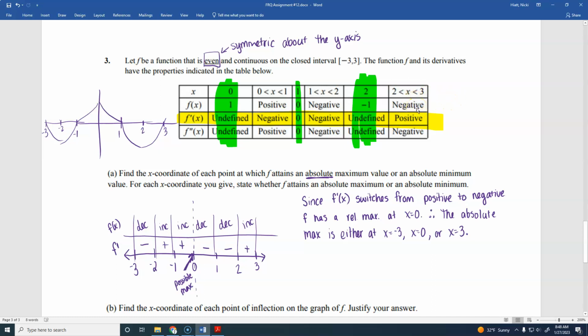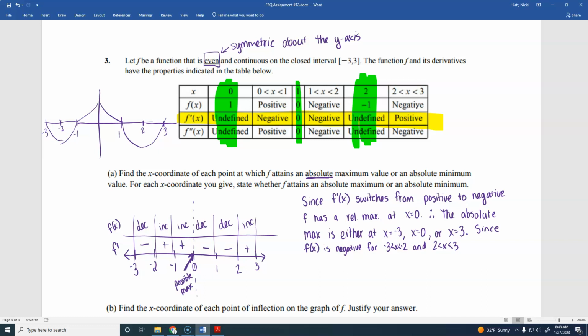So since f of x is negative for -3 less than x less than -2, and 2 less than x less than 3, even though that negative part from -3 to -2 is not on our table, we know it would be the case.